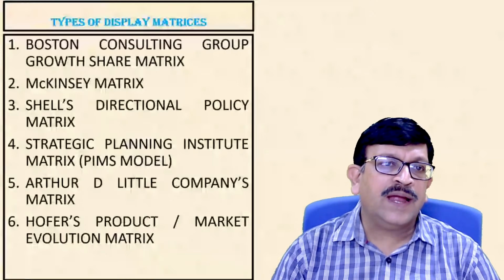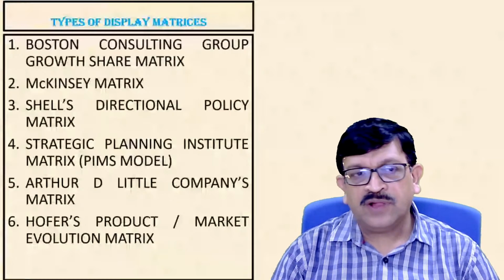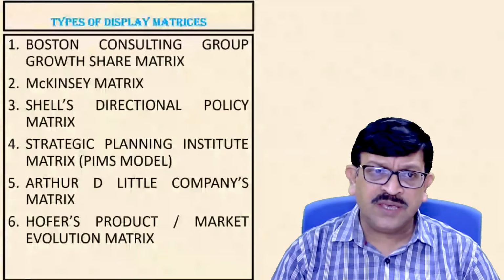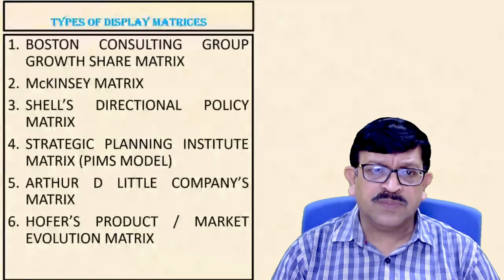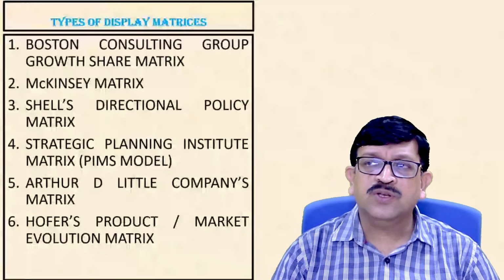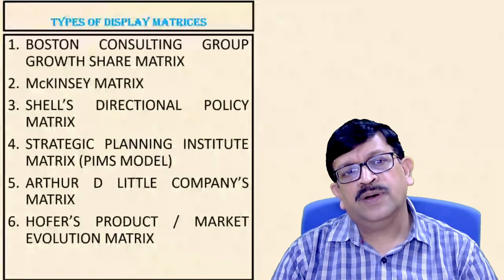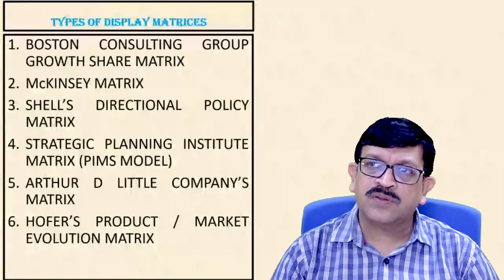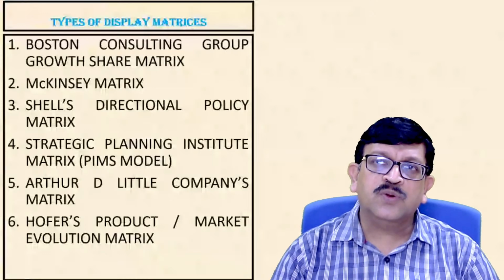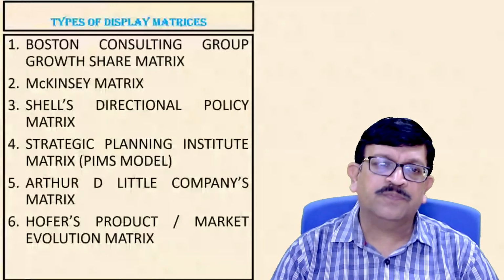We'll also be looking at the GE McKinsey matrix, which was developed by GE in conjunction with McKinsey to understand whether one should be investing in certain markets, looking at the products in terms of two parameters: industry attractiveness and the competitiveness of the firm.